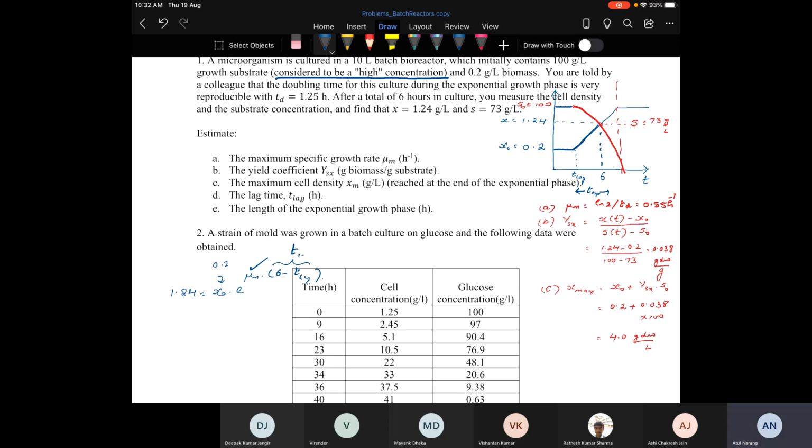So you can solve for TEXP because it went from 0.2 to 1.24 during exponential growth at a mu m of 0.55. That allows you to calculate TEXP. This should be about 3 hours.